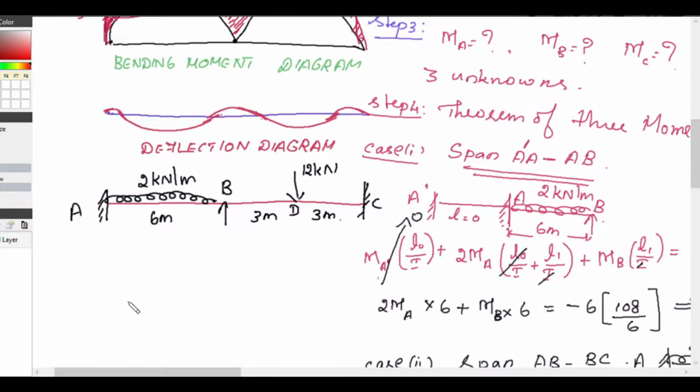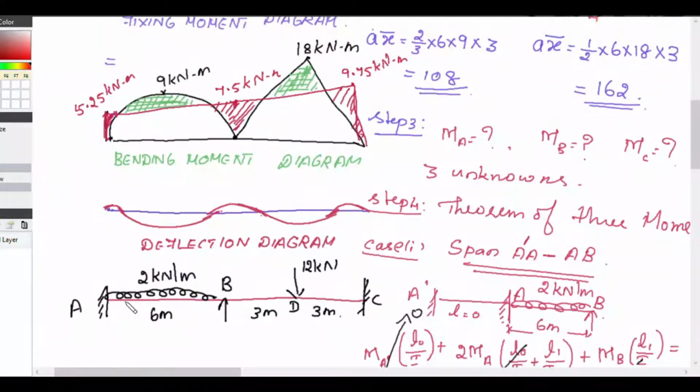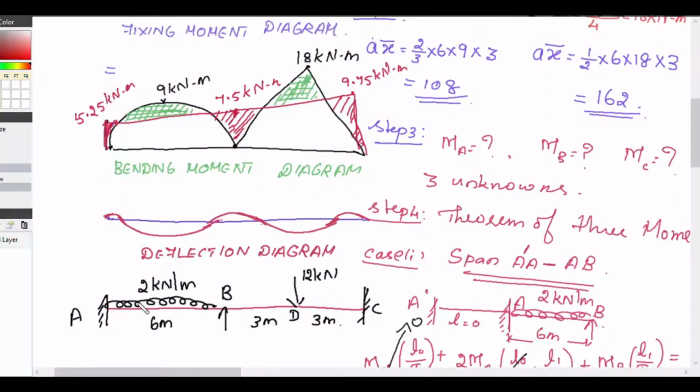Now our moments are, at A, we have a moment of 5.25 kilonewton meter.